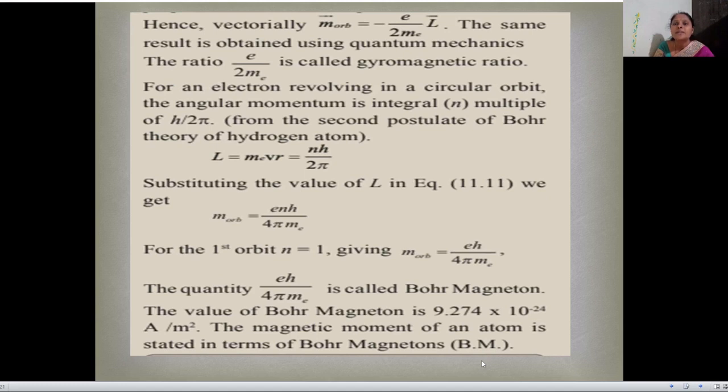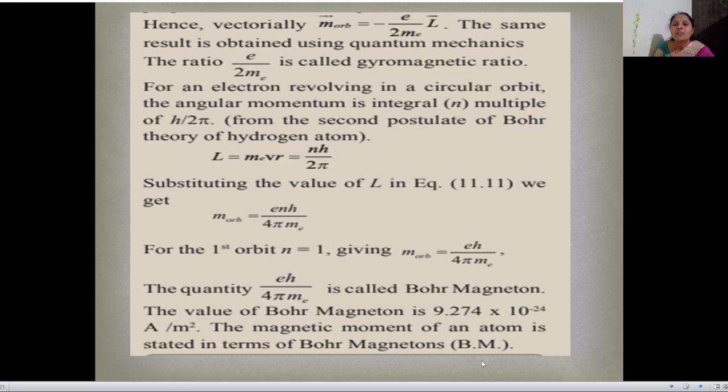The same result is obtained using quantum mechanics. The ratio e by 2 m_e is called the gyromagnetic ratio. For an electron revolving in a circular orbit, the angular momentum is an integral multiple of h by 2 pi. From the second postulate of Bohr theory of the hydrogen atom, L equals m_e v r equals n h by 2 pi.